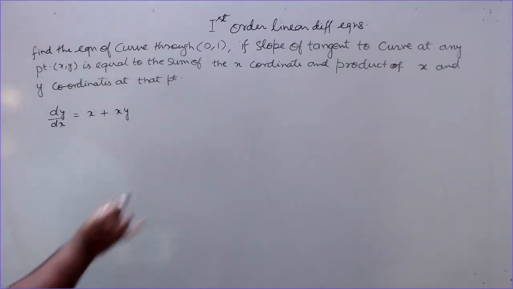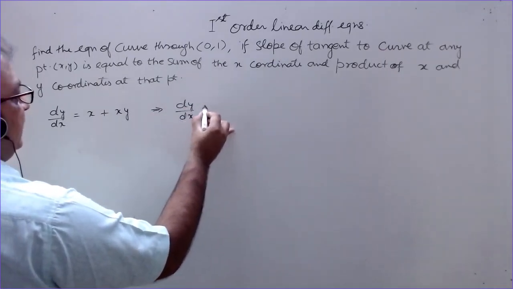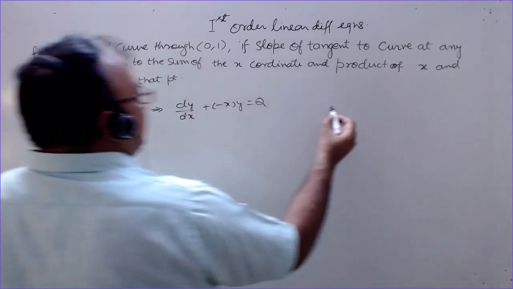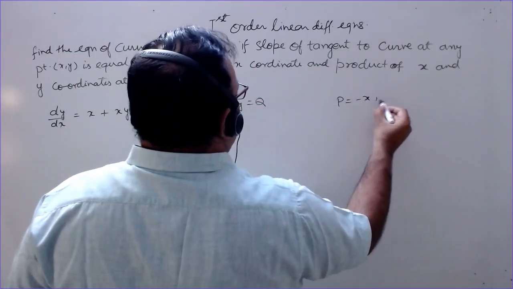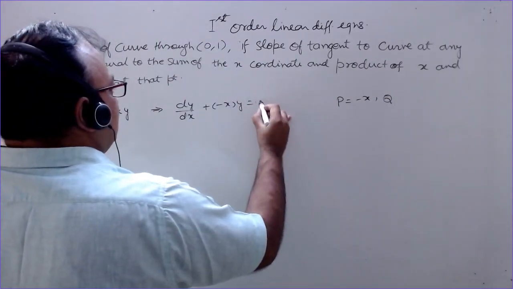So friends, this is the differential equation which can be written as dy by dx plus py is equal to q. This gives p is minus x, q is equal to x.